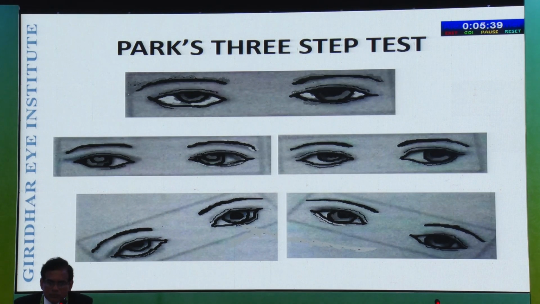If the hypertropia increases, then it is the right superior oblique palsy. And if on turning the face towards the right the hypertropia increases, then you are dealing with the left inferior oblique palsy. So this test is very important. Once you make sure about which oblique is involved, then you can settle the rectus.